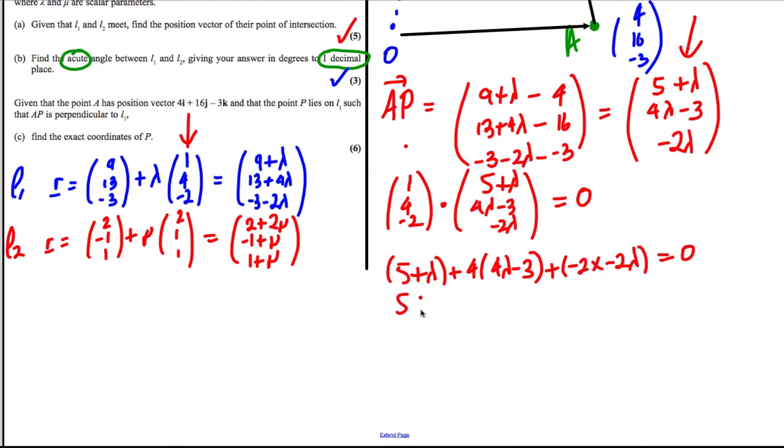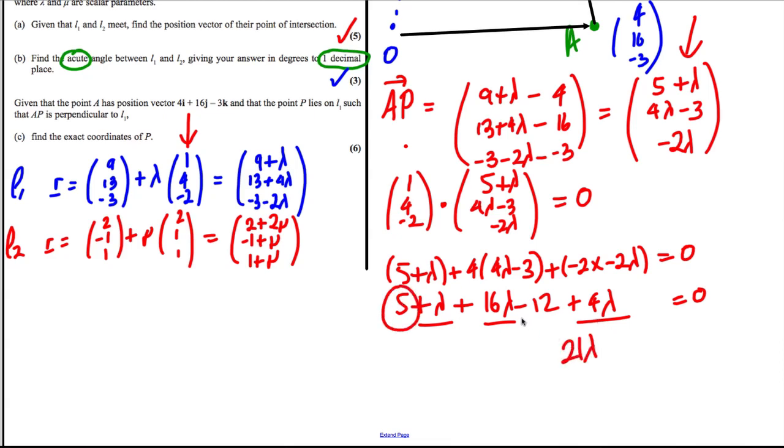Multiplying this out, we get 5 plus lambda plus 16 lambda minus 12, plus 4 lambda, equals 0. How many lambdas have I got? 1, 16 and 4, so that's 21 lambda, and 5 take away 12 is negative 7. So 21 lambda subtract 7 is 0, so 21 lambda is equal to 7. So lambda must be 7 divided by 21, which is 1/3.